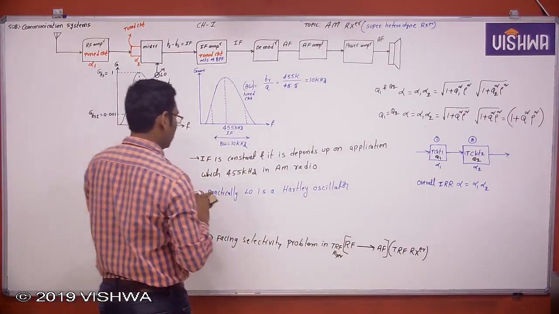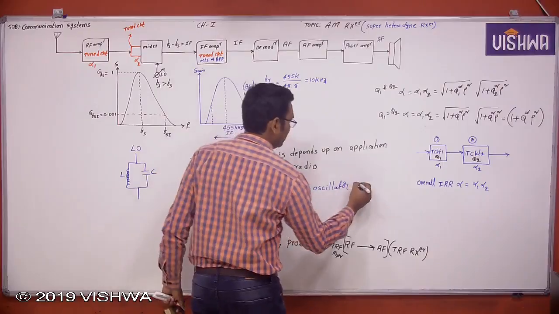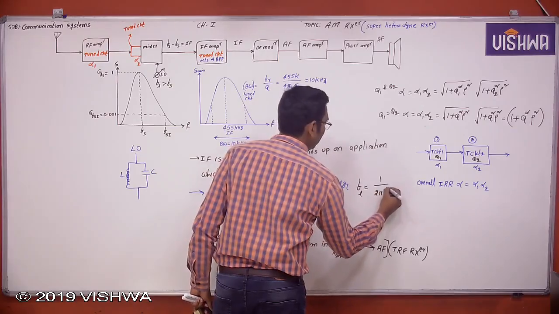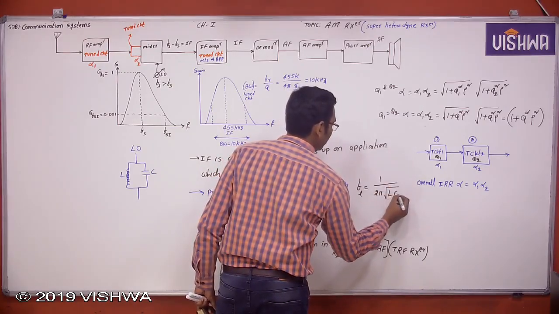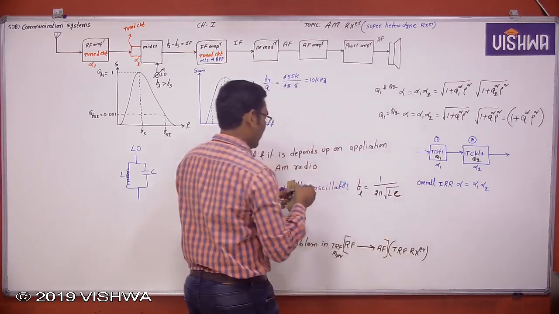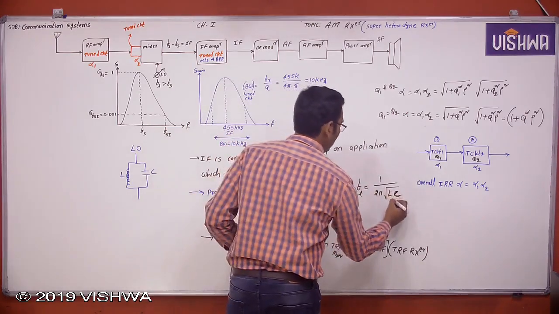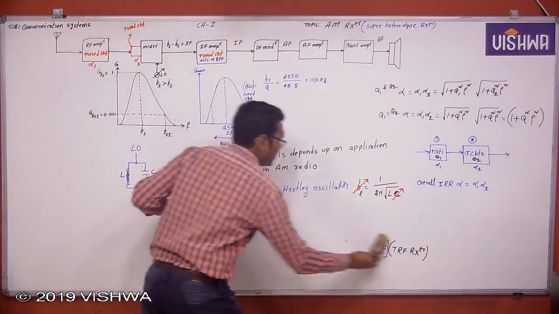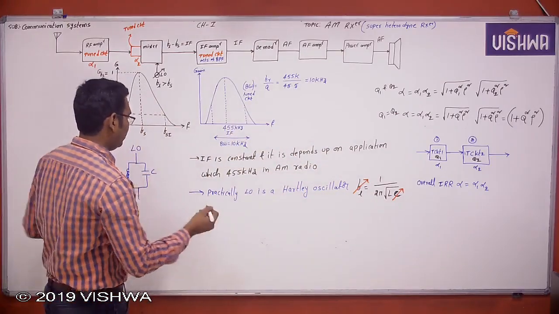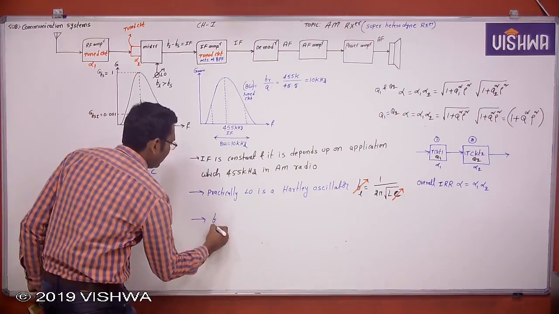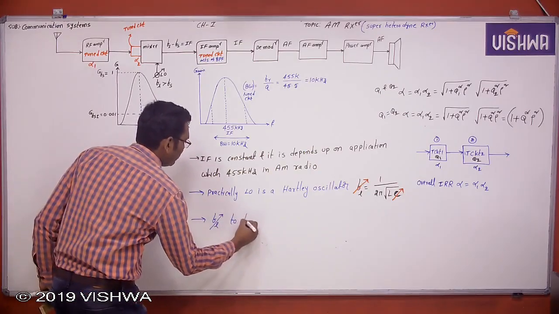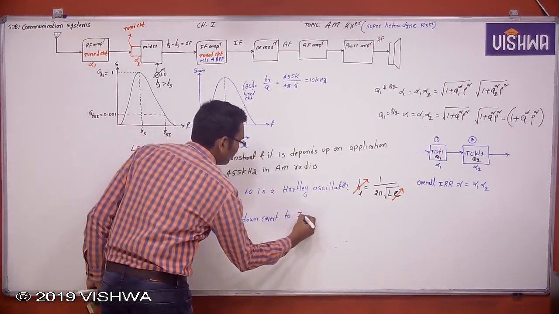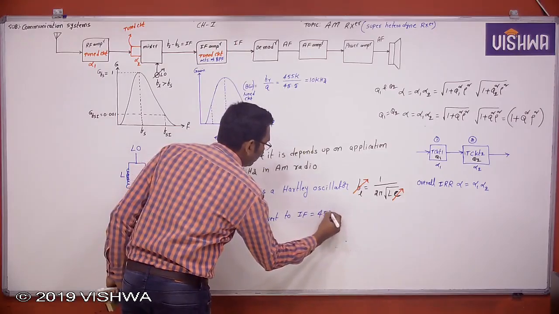For example, the local oscillator frequency is FL, which is equal to 1 by 2 pi root LC. Now this capacitor is changed and the local oscillator frequency is adjusted, so that it is down converted to the IF, which is always 455 kilohertz.